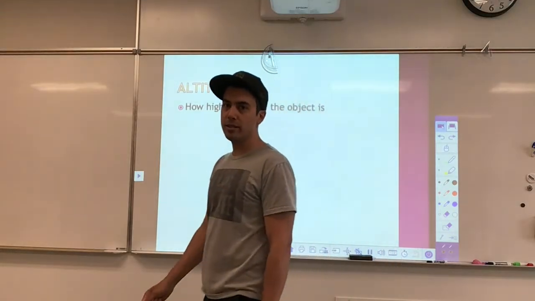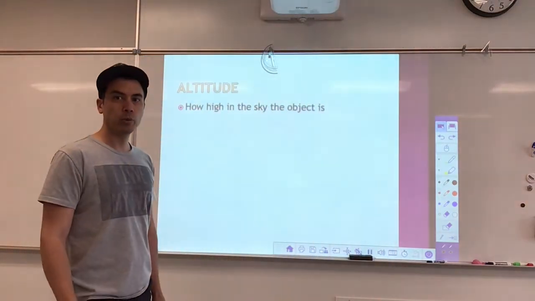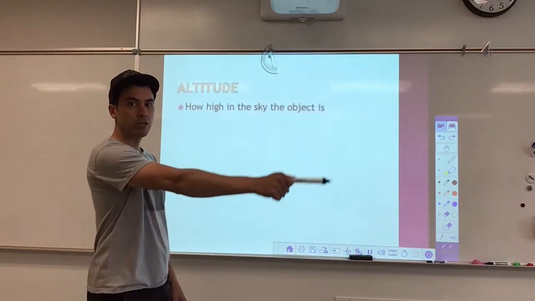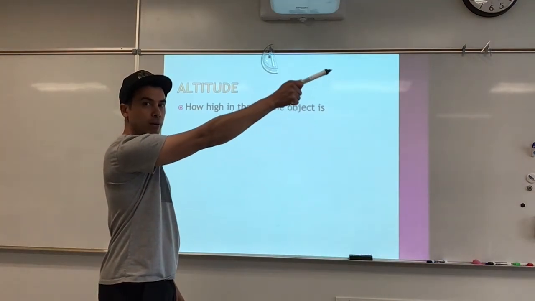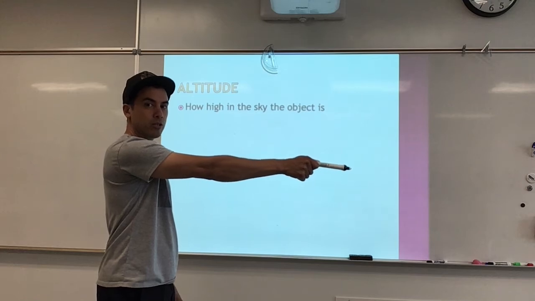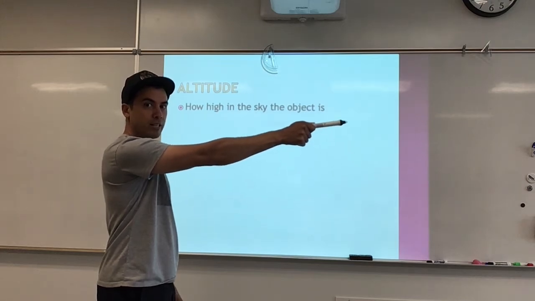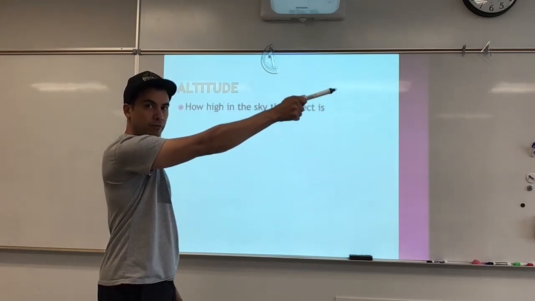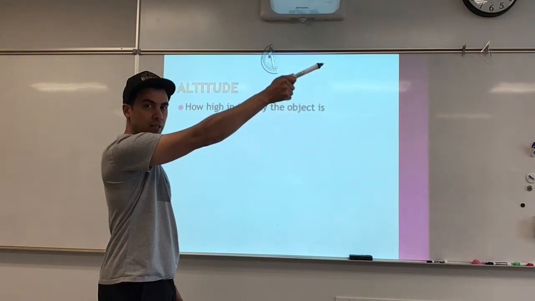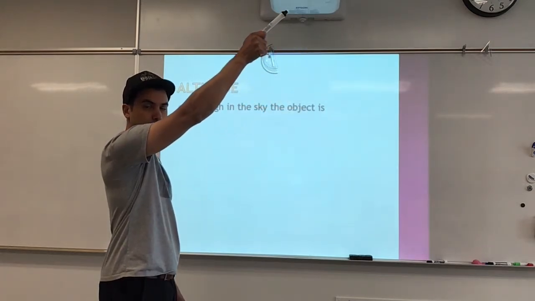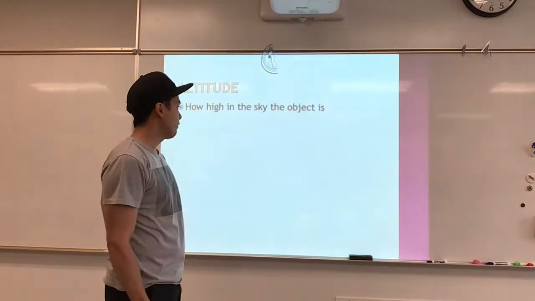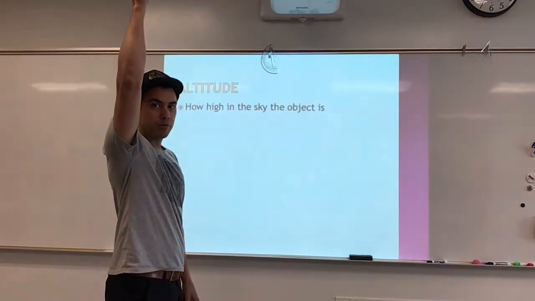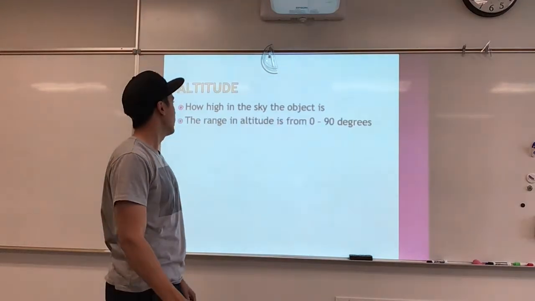Altitude, how high is it in the sky? This is a number between 0 and 90. So 0 is directly on the horizon, and then as I move up, I increase in degrees. So 0, 1, 2, 3, and so on up to 19, and then probably up to about 45 right there, 70, and then 90 if I'm talking about an object that is directly overhead.